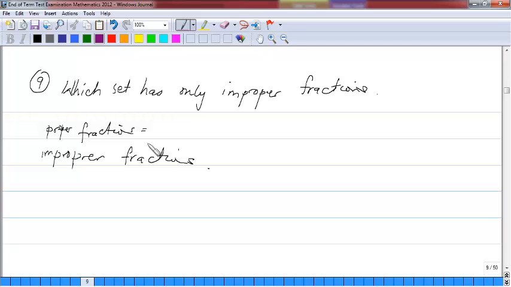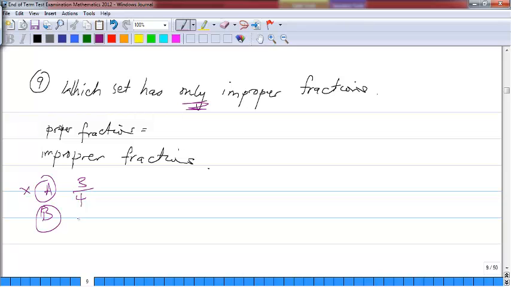So if we look now at A, and it says only improper fractions. It can't be A, because A has a proper fraction being 3/4. So for A, 3/4 is proper, and they want only improper. So the 3/4 would make A wrong.